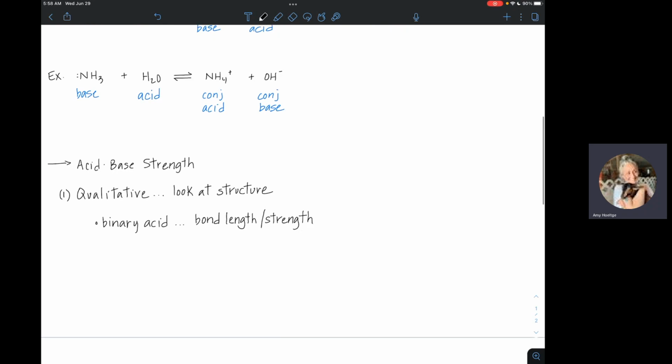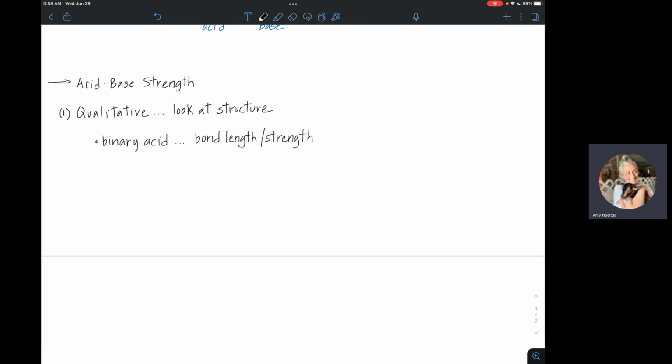And this is where it's going to be helpful to lean back a little bit on some of the trends on the periodic table. In this particular case, we're going to lean on atomic radius.